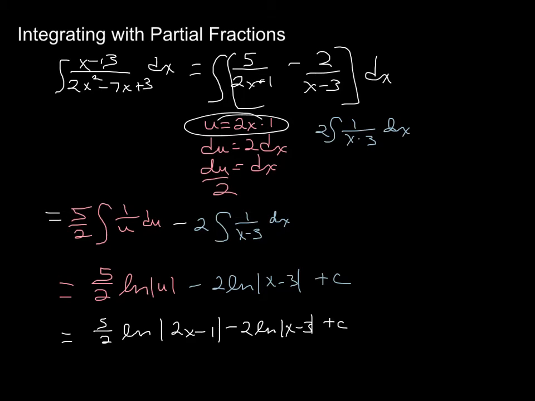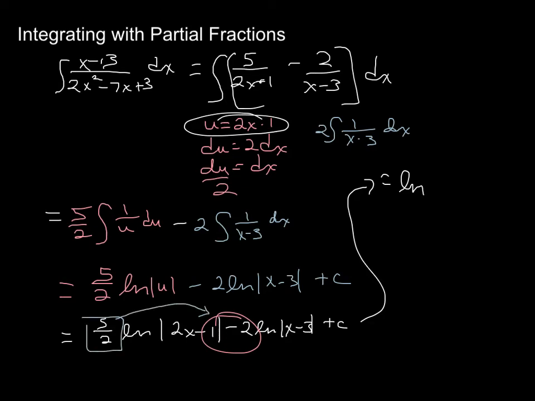But if you're on a multiple choice question or you're in the book, they're going to end up using log rules to rewrite this. Because we have subtraction in between our two ln's, it'll turn into a division problem, as well as our coefficients will end up becoming the exponents of our logs.